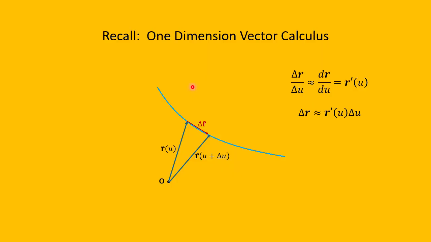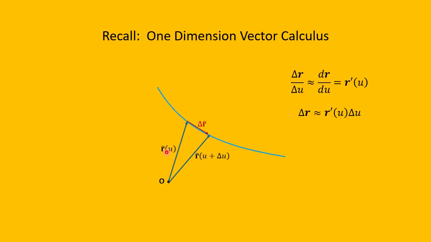But before we get to that, it's good to recall the one-dimension vector calculus situation, where we'll have a vector-valued function r of a scalar variable, which we'll call u. So here's a curve, and as u changes, this vector going from the origin O up to the curve will move along this curve.